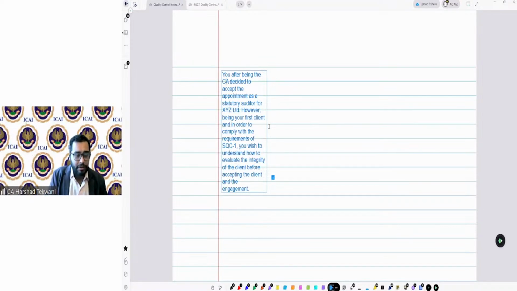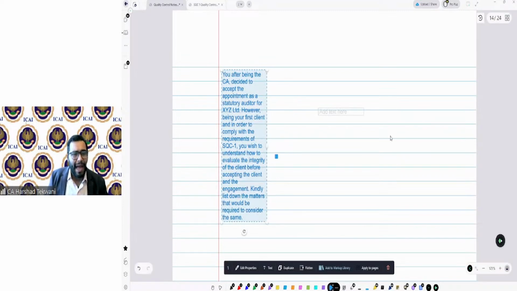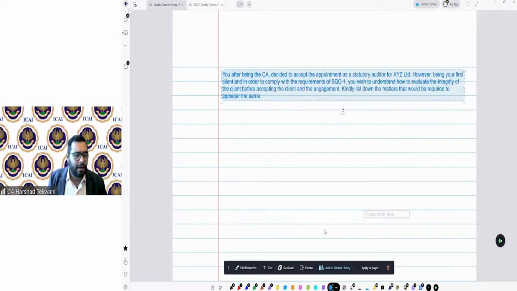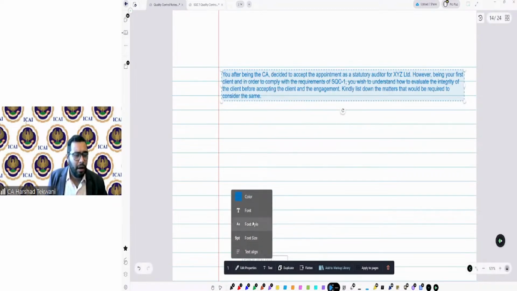Kindly list down the matters that would be necessary to consider. So you need to provide some examples of the matters that you will consider in order to validate the integrity of the client.